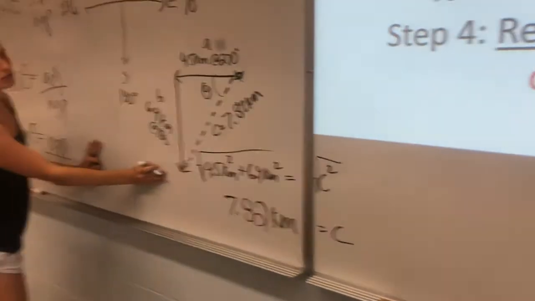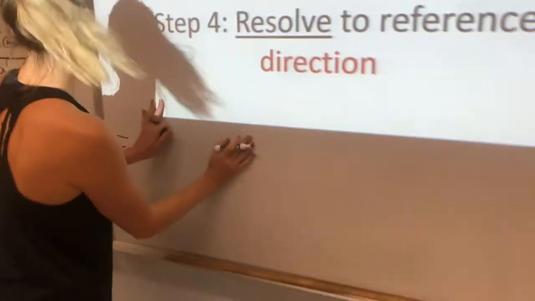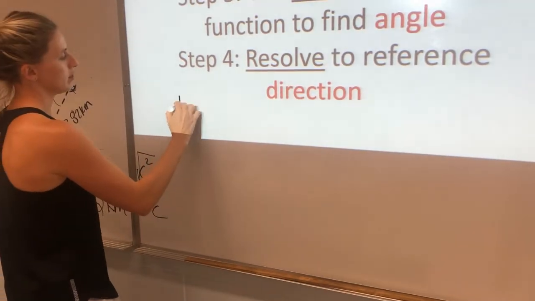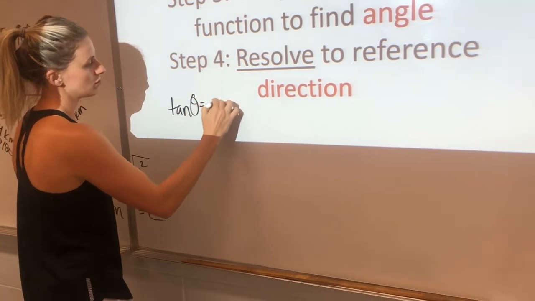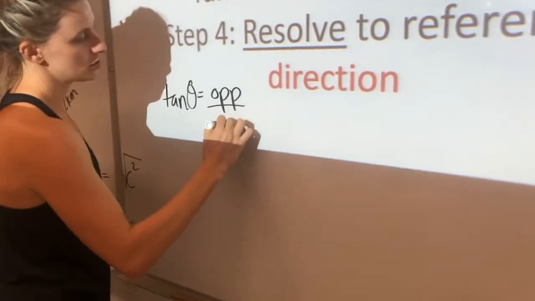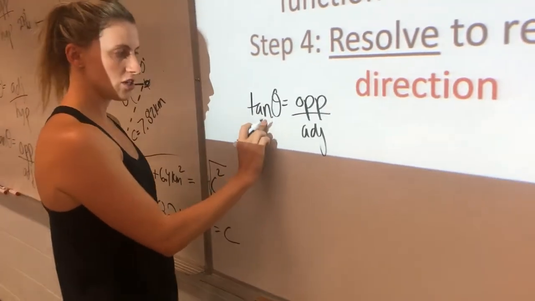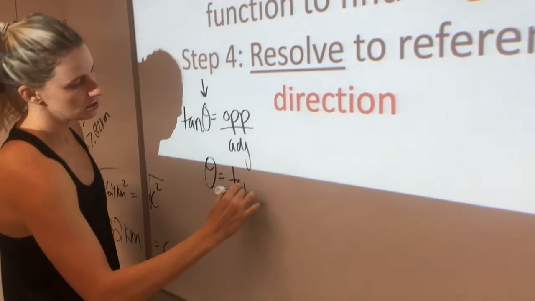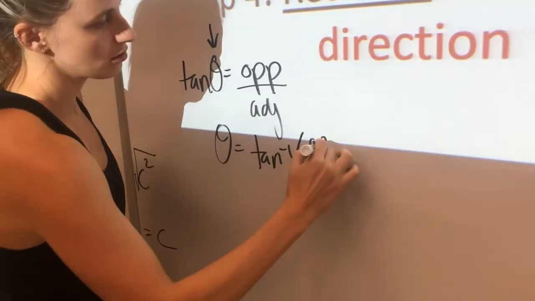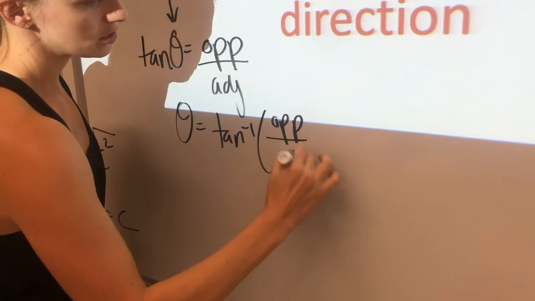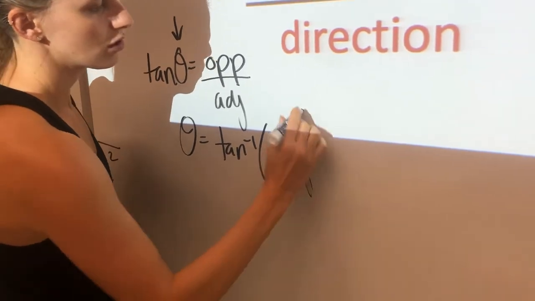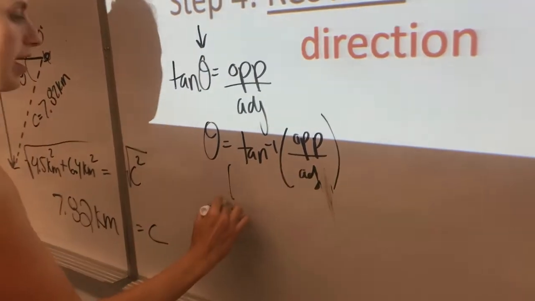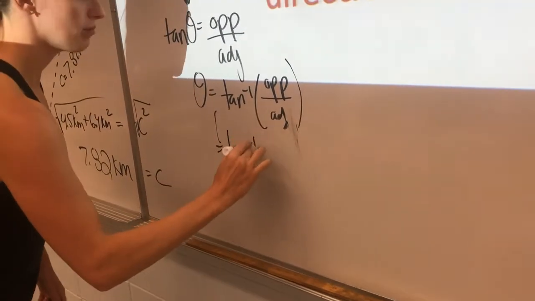I'm going to go ahead and do it right up here. Okay, so we know that tangent of theta equals opposite over adjacent. To get rid of tangent on this side and just get theta, all I do is tangent inverse of opposite over adjacent. Okay, and let's go ahead and plug in our numbers.